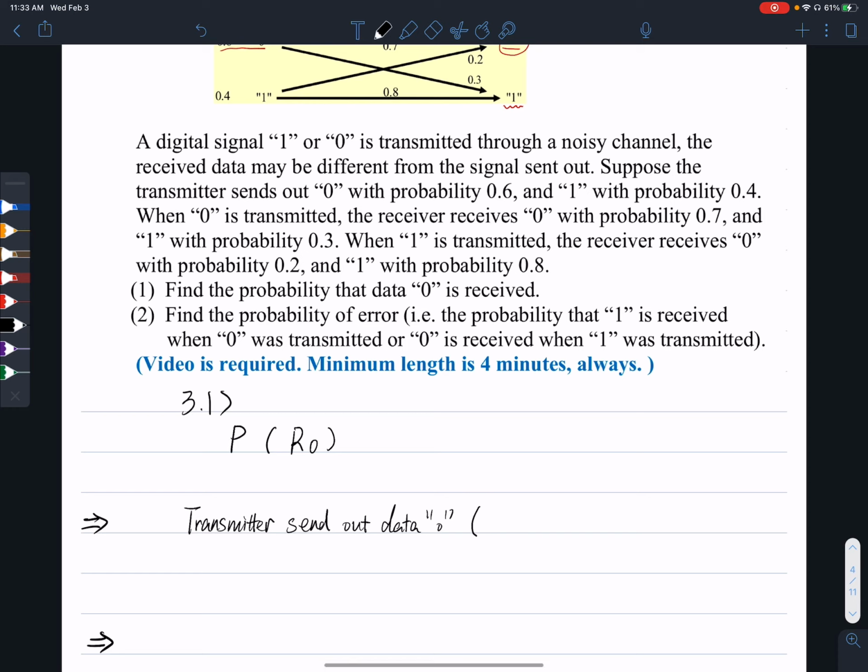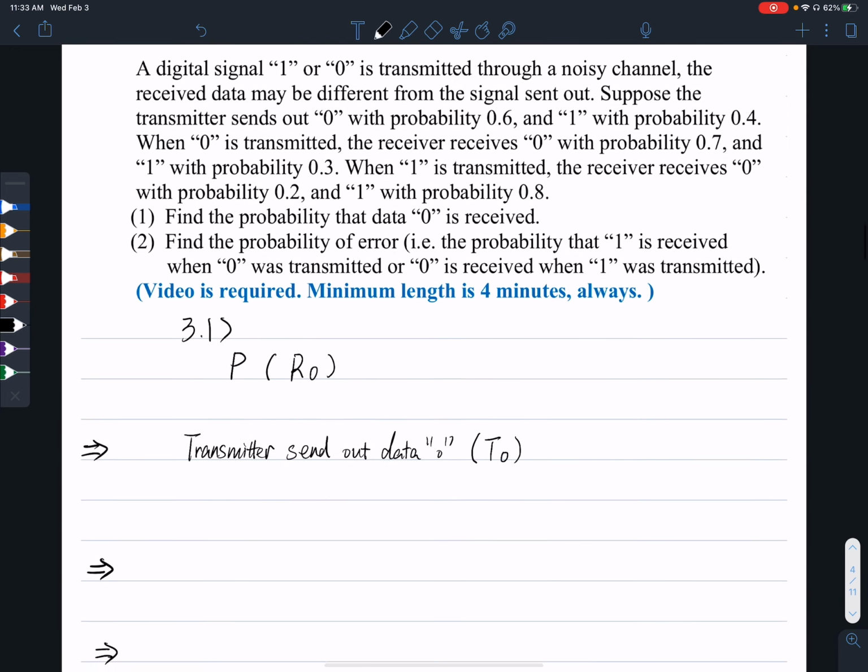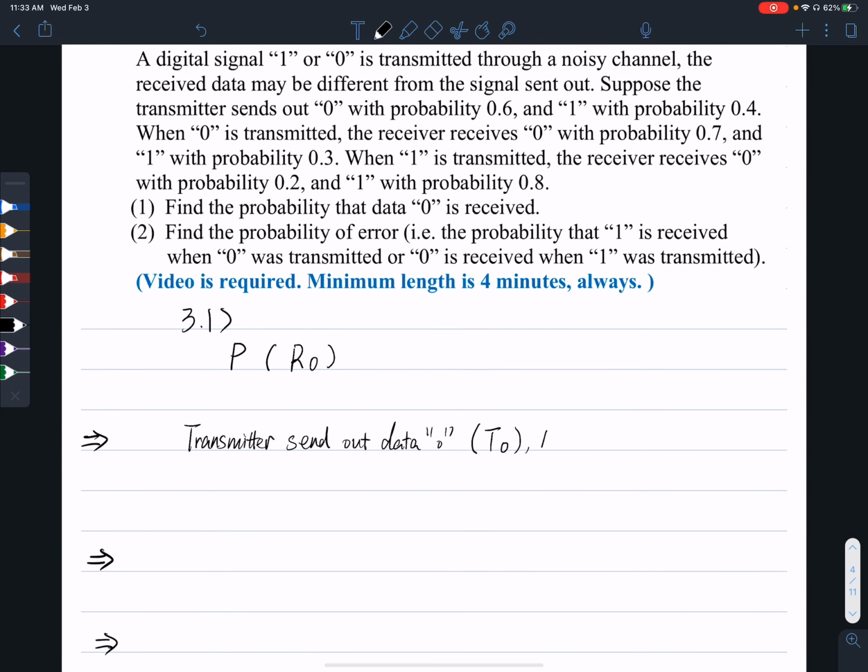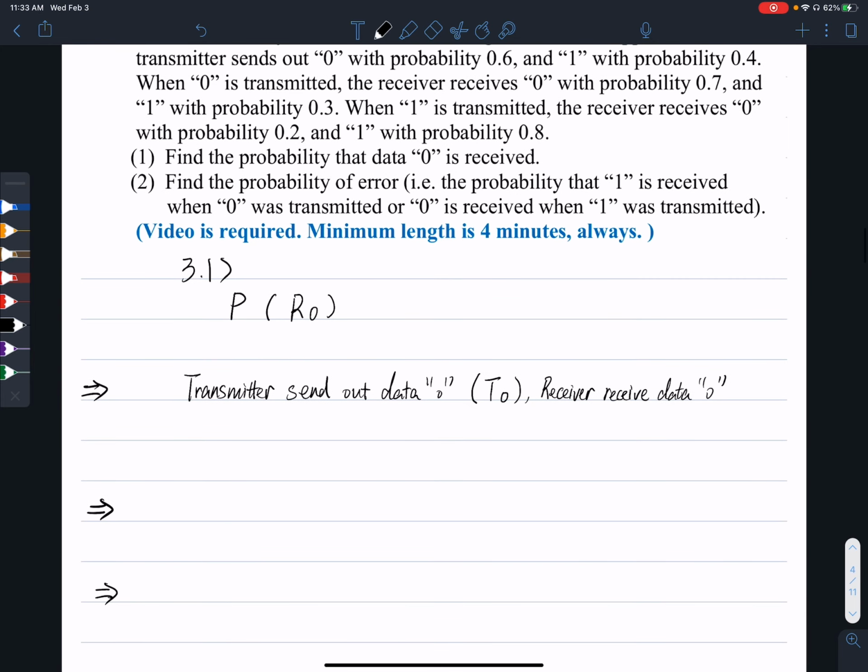We define it as T0, transmitter sends out data 0, and the receiver receives data 0. We define it as R0. So this is the first part.